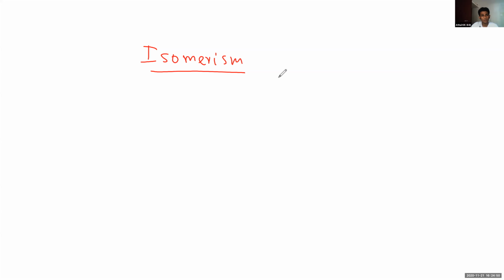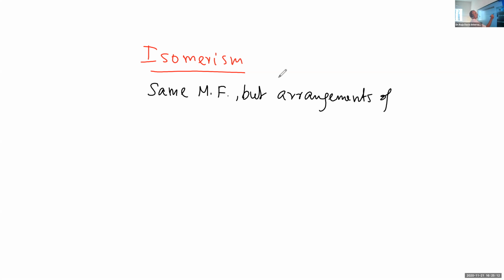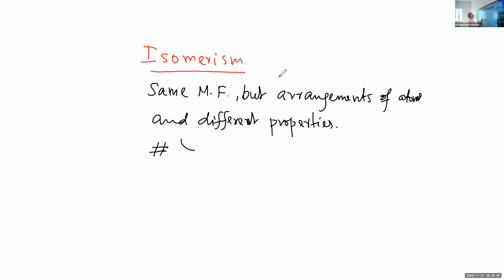The phenomenon in which molecules exist with the same molecular formula, but different arrangements of atoms and different properties for the molecules, is called isomerism, and such compounds are called isomers.